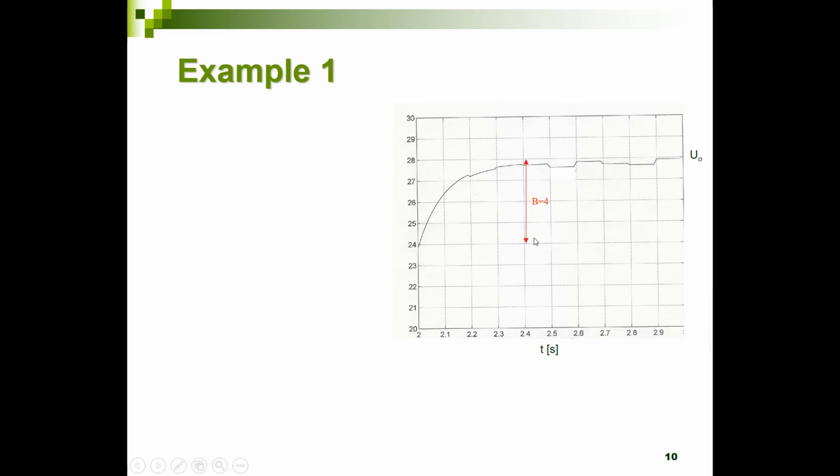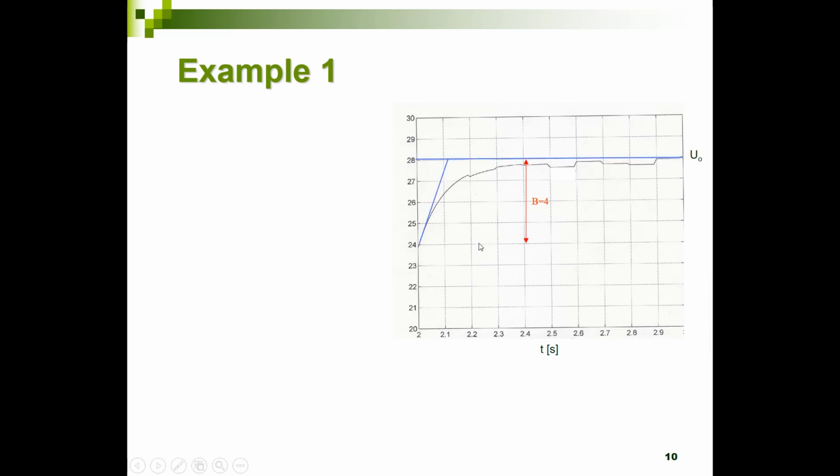We can see that this output voltage, so the speed of the motor, is changing from 24 to 28. So we know in a static situation, by applying 1 volt, it yields an output of 4 volt. So I could say, well, my static gain, just like in the previous example, is 4 over 1, which is 4. So the k of my system could be 4.